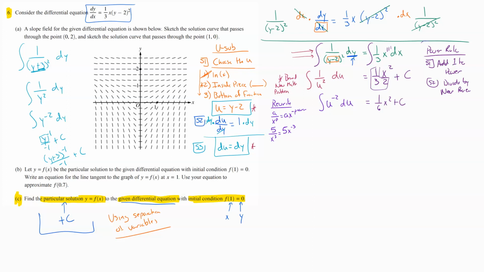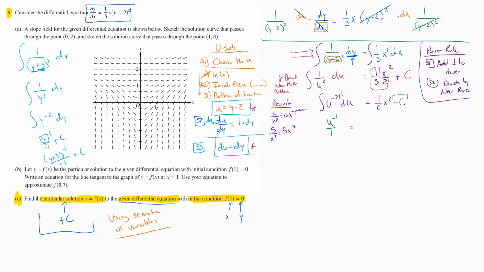From there, we're now ready to go ahead and apply our power rule again. So we would add 1 to the power, divide by the new power, so we get u, adding 1 to the power gets us negative 1 over negative 1. And again, on these separable problems, you only want a single plus c. So because our plus c is on that right-hand side, we leave it alone.